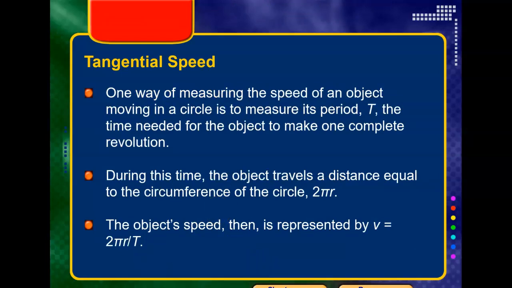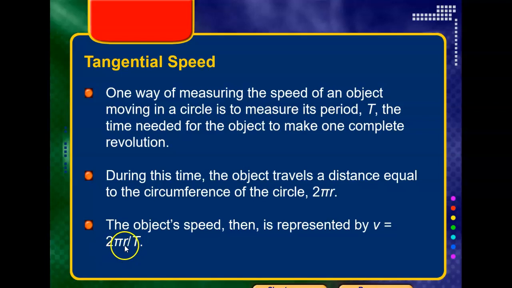All right, so the time it takes to go around is called the period, or T. During one time interval, one circle around, the object covers 2 pi times the radius, the circumference of the circle. Hopefully you remember that from math class. So just like normal speed, linear speed is distance divided by time, the tangential velocity is 2 pi r, the circumference of the circle, divided by the time it takes to cover that.